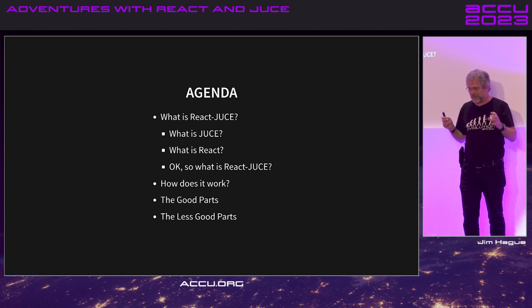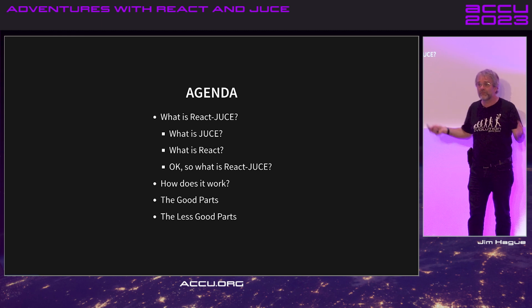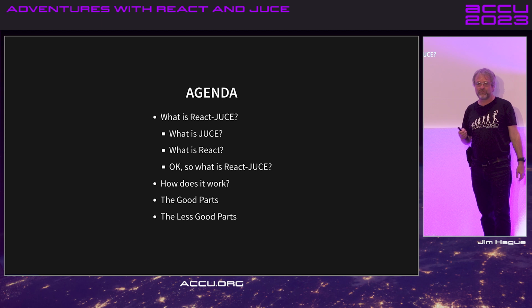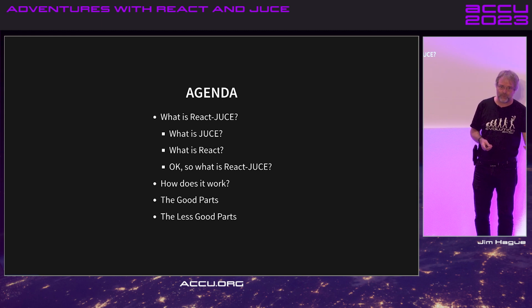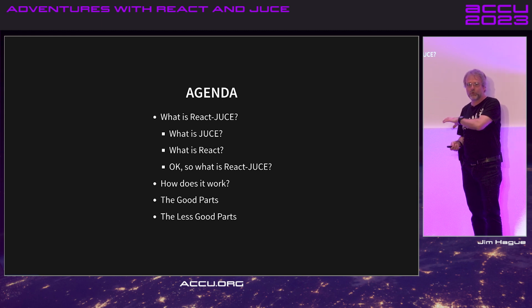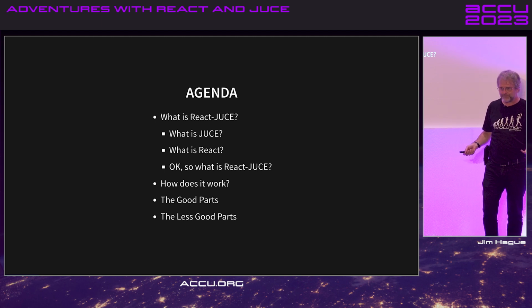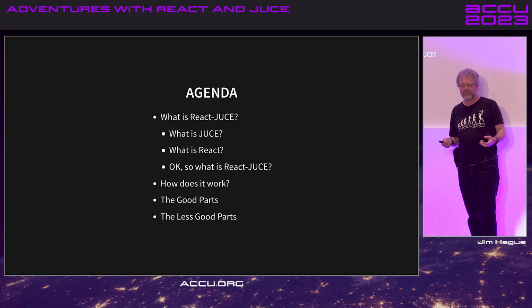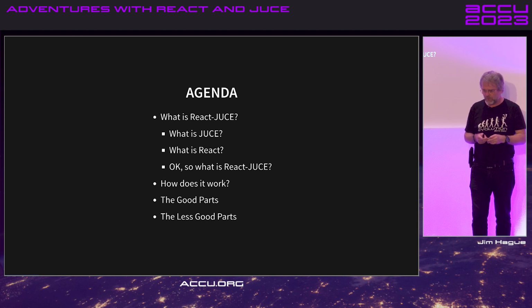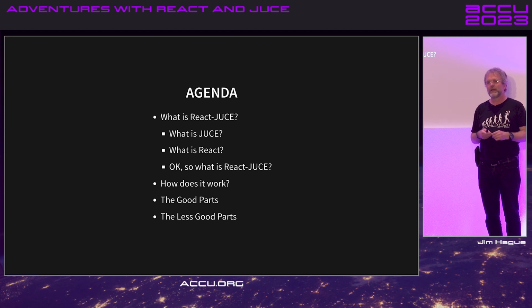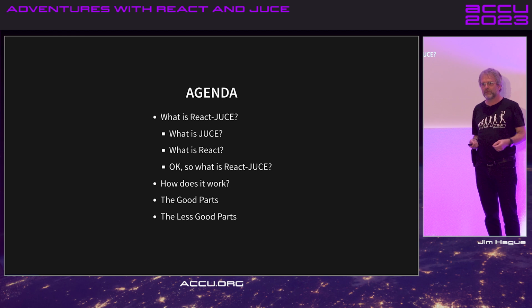So the plan basically is this. We have to start with, well, what is react-juce? And we can't answer that question without talking a little bit about what JUCE is, and then about what React is. And once we've got those out of the way, we'll go and have a look at react-juce. The next thing I wanted to do was actually take you through, in a wee amount of detail, how it works, what's actually going on inside.